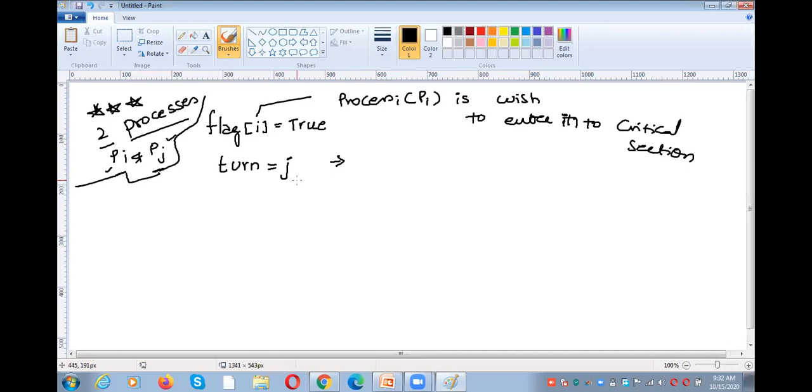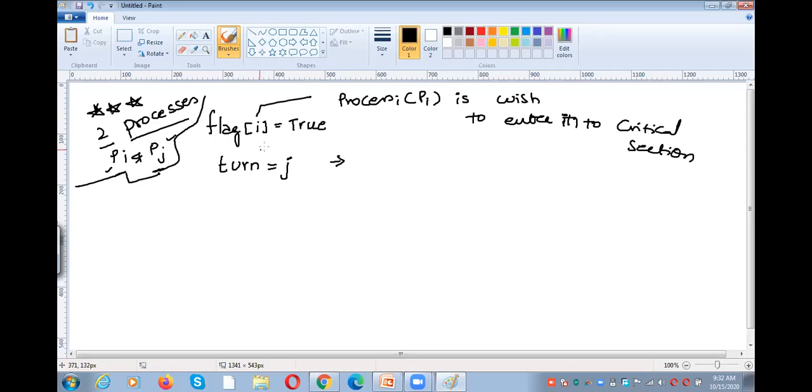So the turn will change every time. One turn is for you, the next turn is for your partner, and then the next turn is for you, and then for your partner. Like that, the turn will rotate between you and your partner. Here also we have only two processes, Pi and Pj.